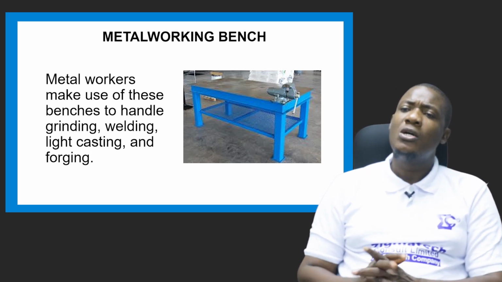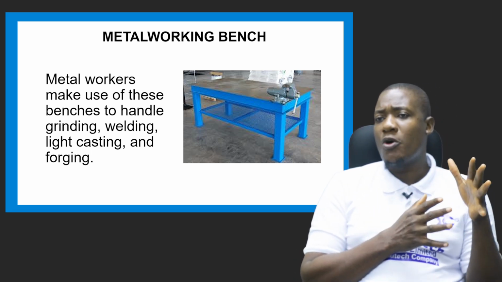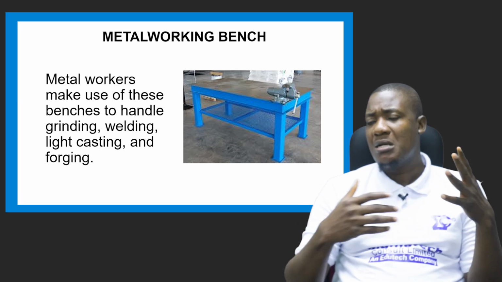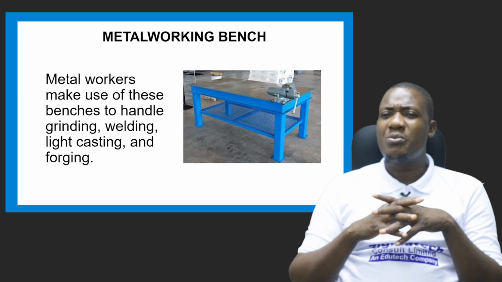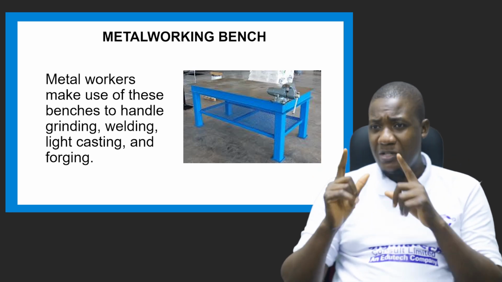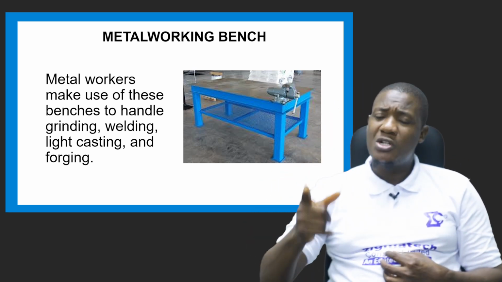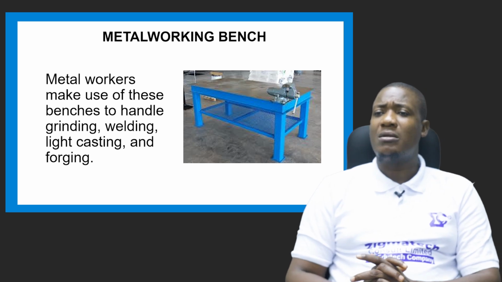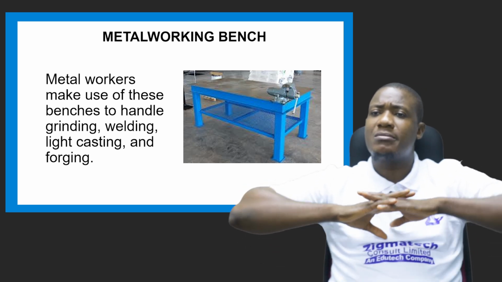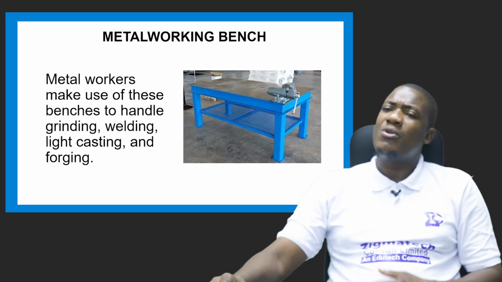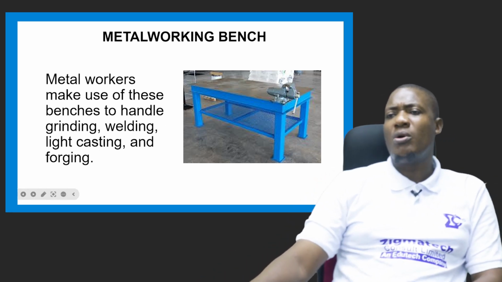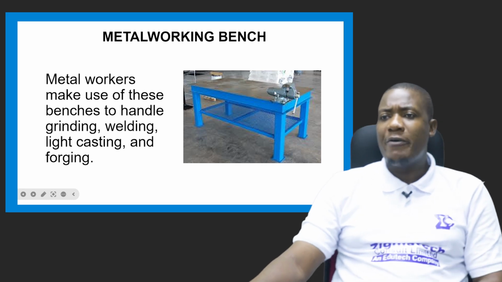You cannot be using a wood workbench for metal work. When you do that, it will not last long. The workbench will get damaged if it's wooden, because the majority of the work you're doing is strong work. Now, this workbench also has a vise.